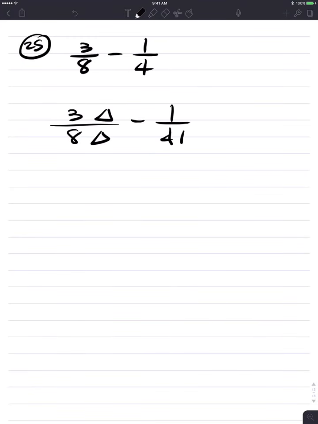Number 25. Again, just to point out that these fractions are not like. They are unlike. They have different denominators.